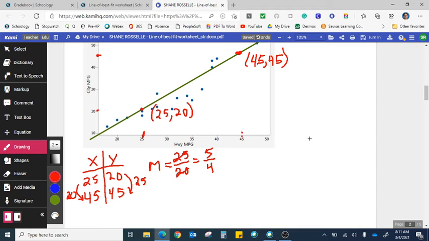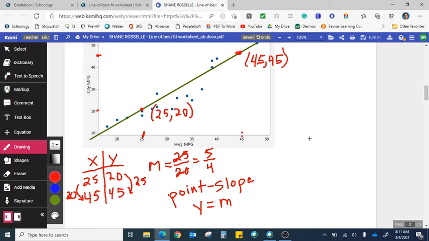Okay? So now what I'm going to use here is point slope form. We did a lot of work with point slope form, and there are 3 different versions basically of point slope form.